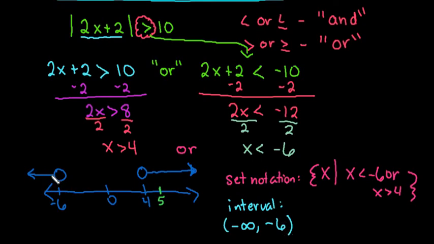So everything like -6.0001 would be included. That's why we start with the -6. Then we would put the union symbol, which is read as "or" in math. Then we would start again at 4. It does not include the 4, so we again use a parenthesis, and then it continues to positive infinity.